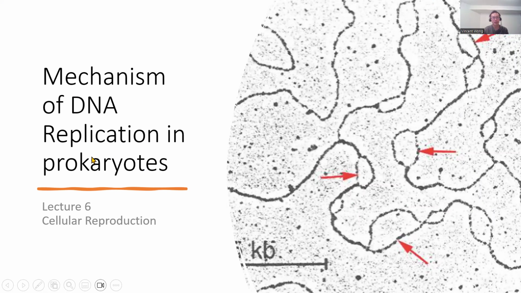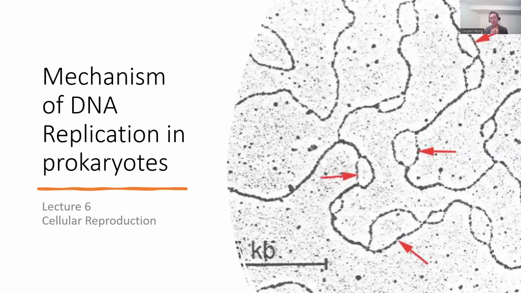Mechanisms of DNA replication in prokaryotes. Remember, prokaryotes are simpler organisms, like bacteria. They don't have a nucleus. We are eukaryotes. We have a nucleus, right?